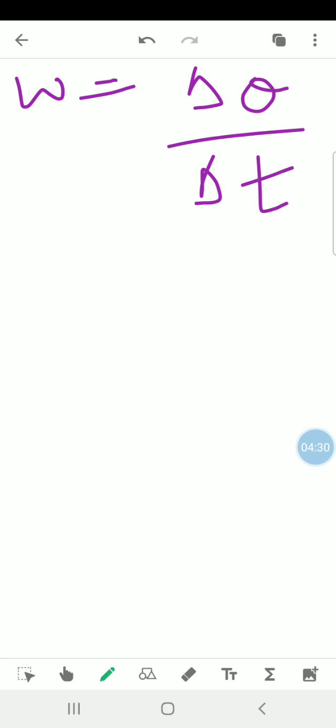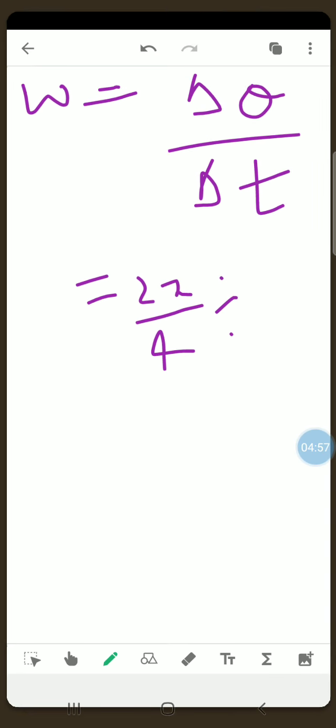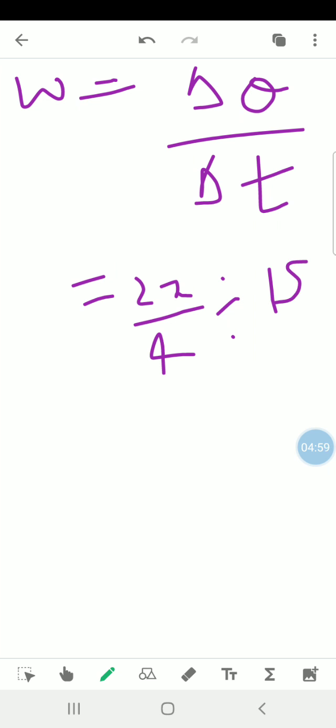Here delta theta is 90 degrees. 90 degrees is 2 pi divided by 4, since 2 pi is 360 degrees. That divided by delta t; they are saying it travels around the bend in 15 seconds, so you divide it by 15.